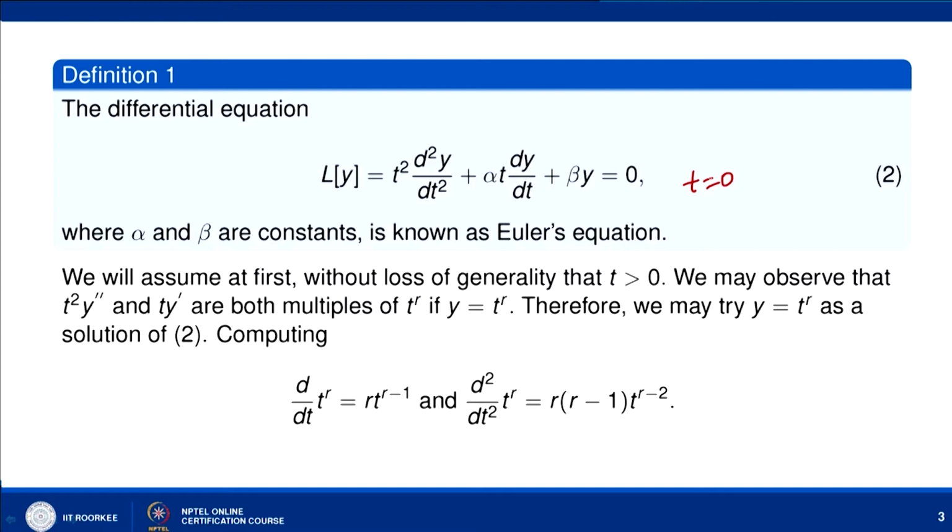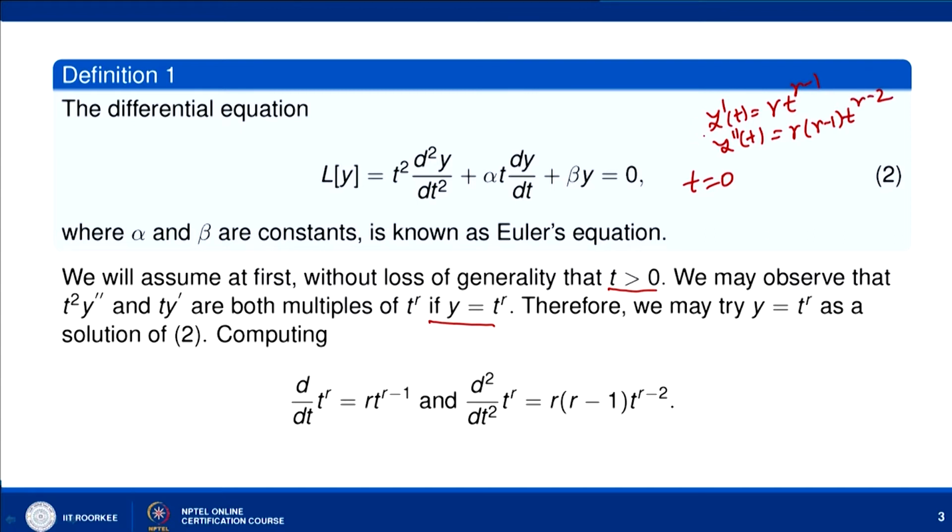First of all, we assume without loss of generality that t is greater than 0, and we may observe that t²y'' and ty' are both multiples of t^r. If y = t^r, then you can easily calculate y'. So y'(t) = r t^(r-1) and y''(t) = r(r-1) t^(r-2).